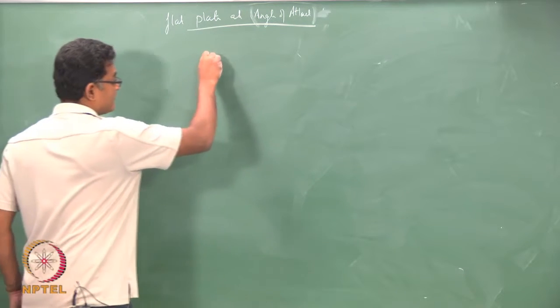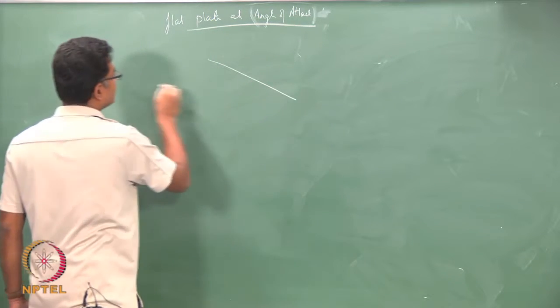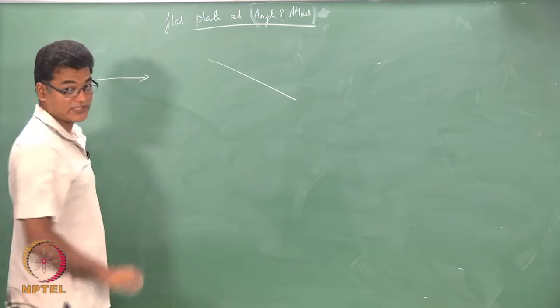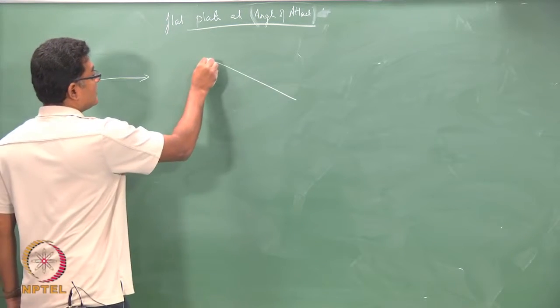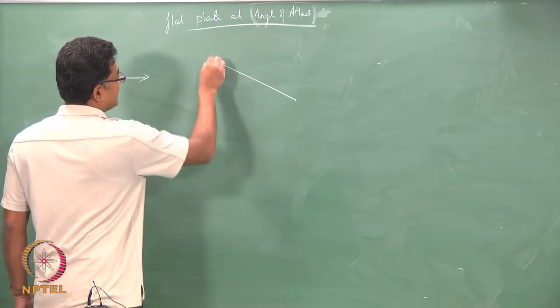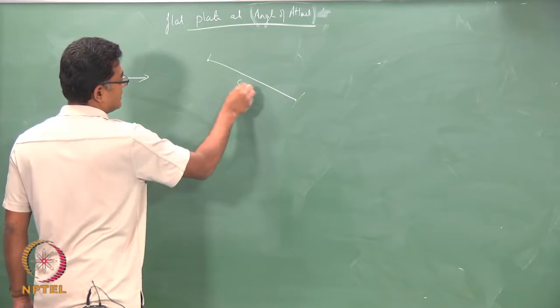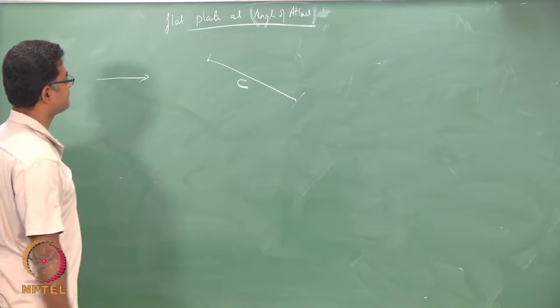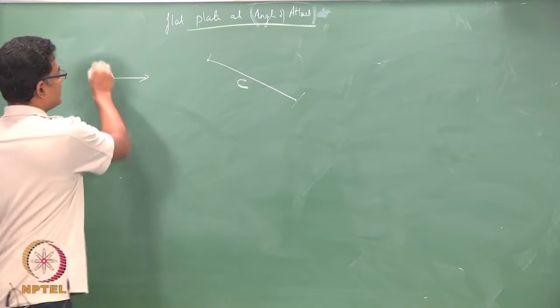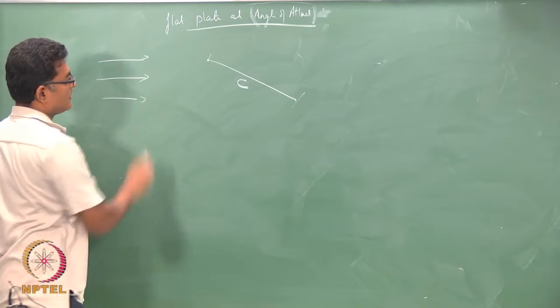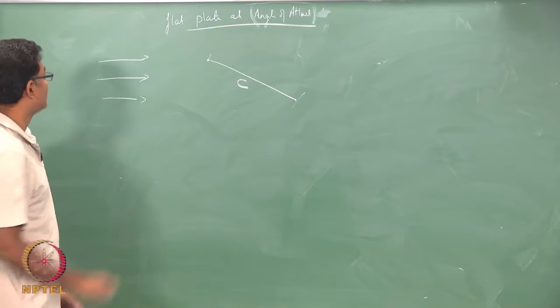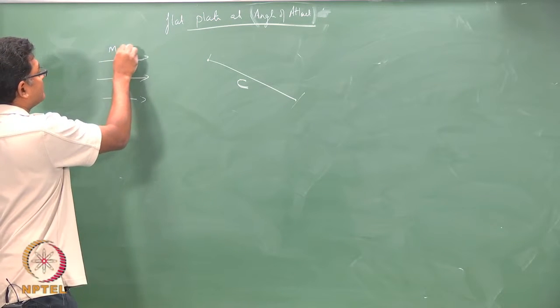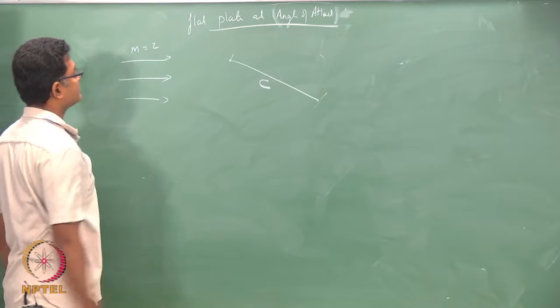So I have a flat plate, this is the flow direction, the flat plate length is C, and it's facing a Mach number of, say, 2.